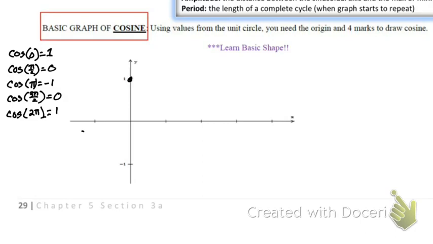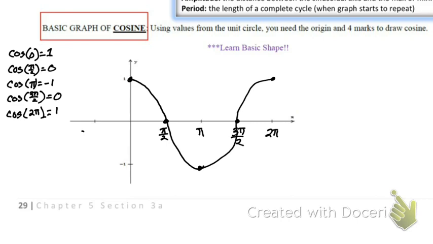So plotting this, I should have the x-axis as pi over 2, pi, 3 pi over 2, and finally 2 pi. At pi over 2 it's 0. At pi it's negative 1. Back up here. It's going to look something like that.